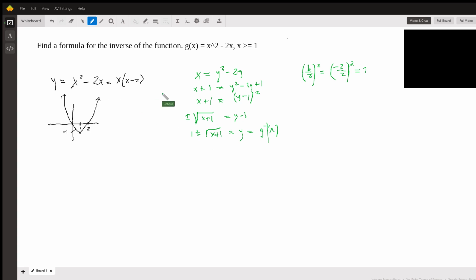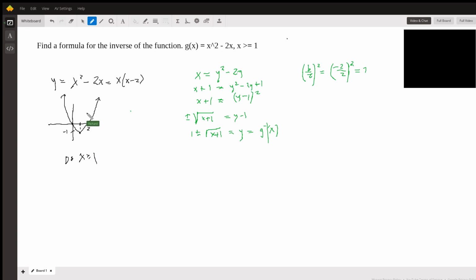So let's start looking at the restrictions and what that's giving us here. I'll go back to black. Okay, so we're saying that the domain of the original is going to be x greater than or equal to 1.